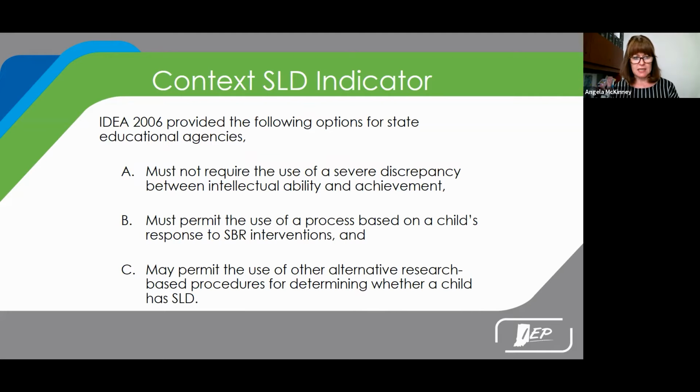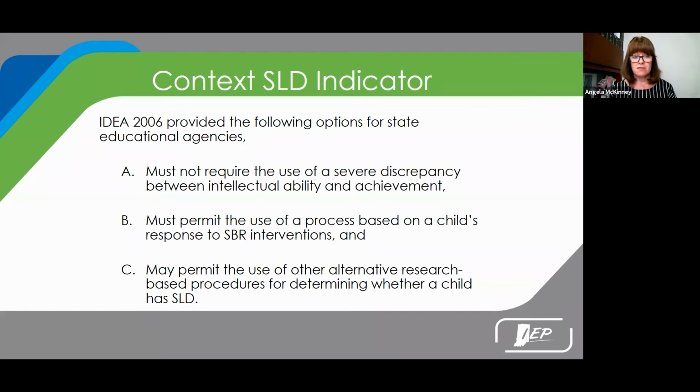So here's our context. When IDEA was revised the last time and became IDEIA, the Improvements Act, and this was 15 years ago, it changed the way that we identified specific learning disabilities, or it at least gave us a little more guidance around that, not in the specifics but more in the general sense.